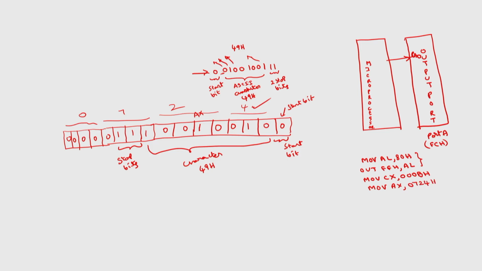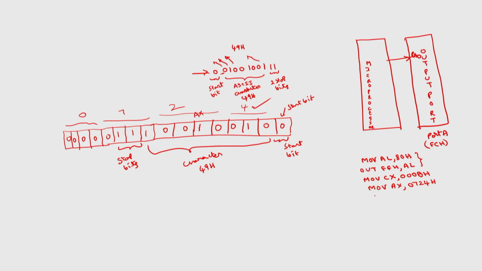In this we have to send the least significant 11 bits. The most significant 5 bits we will not send, they are don't cares, we will stop after the 11th bit is transmitted. So, I am going to send only the AL contents.